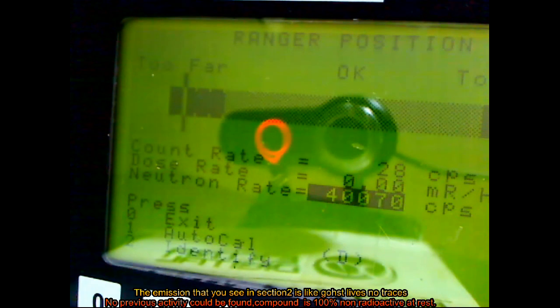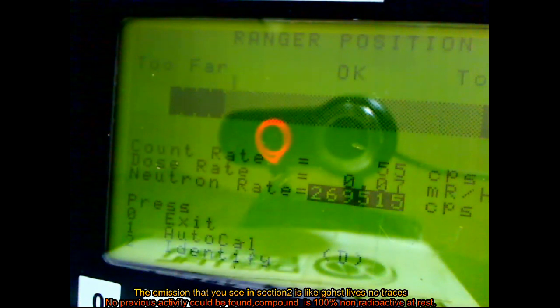35,000, 40,000, 42,000, 41,000, 35,000, 49,000, 80,000, 159,000, 269,000, and the dose rate is 0.07.